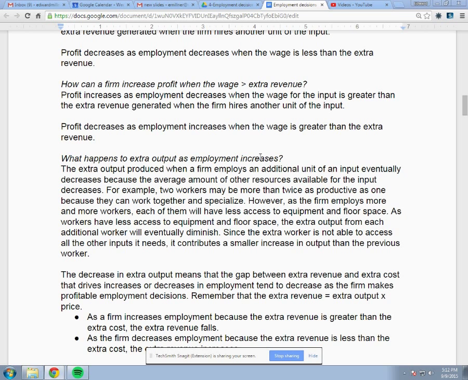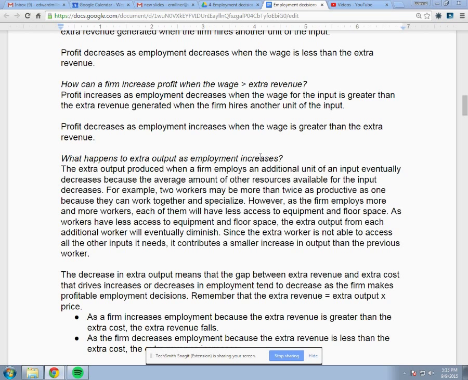Now, what happens to the extra revenue produced by another unit of the input as employment increases? The extra revenue produced when a firm employs an additional unit of an input eventually decreases because the average amount of other resources available for the input decreases. For example, 2 workers may be more than twice as productive as 1 because they can work together and specialize.